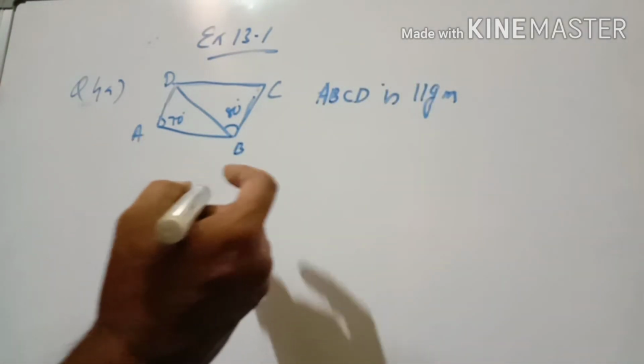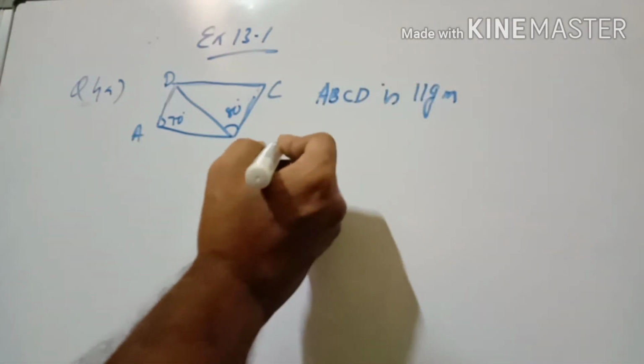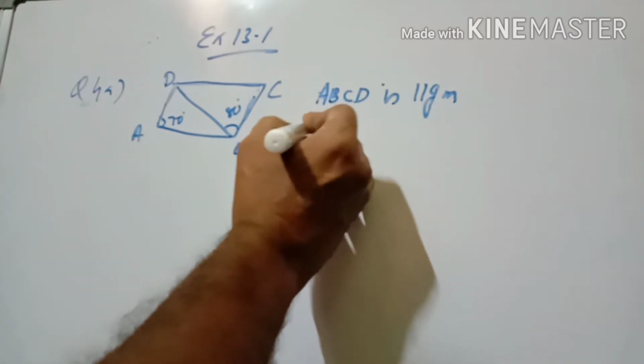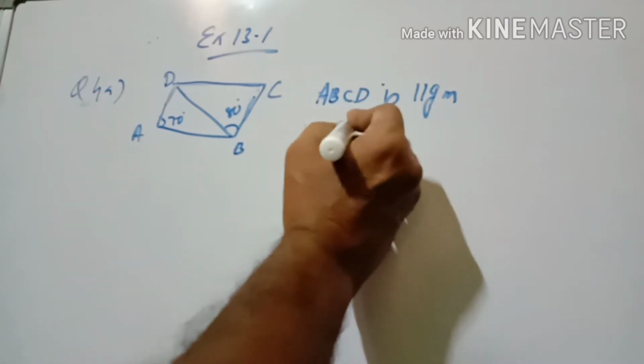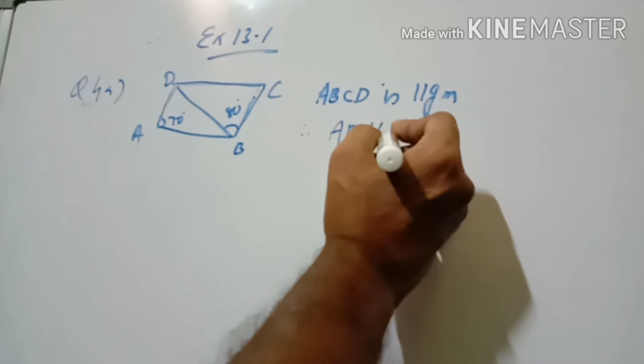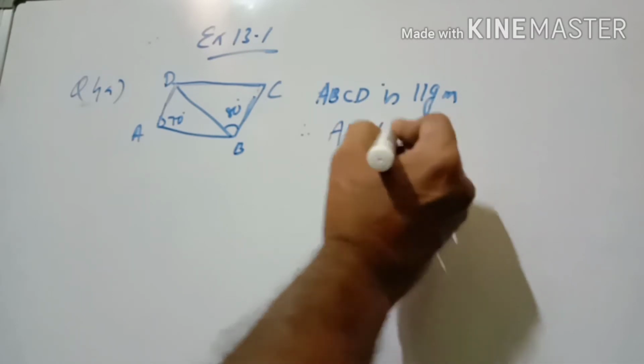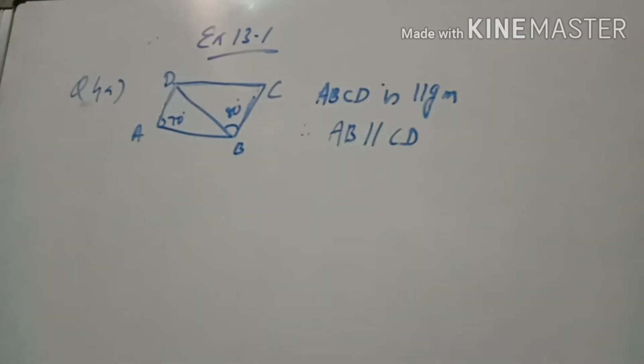Therefore AB is parallel to CD. Write down please.